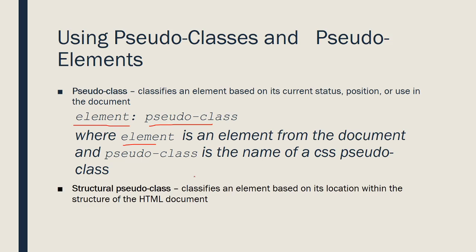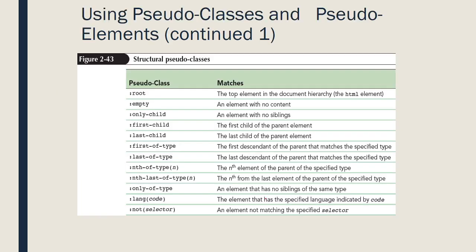There is a structural pseudo class which classifies an element based on its location within the structure of the HTML document. Now we have here the structural pseudo classes. We have the root, which matches the top element in the document hierarchy, so this is the HTML element.